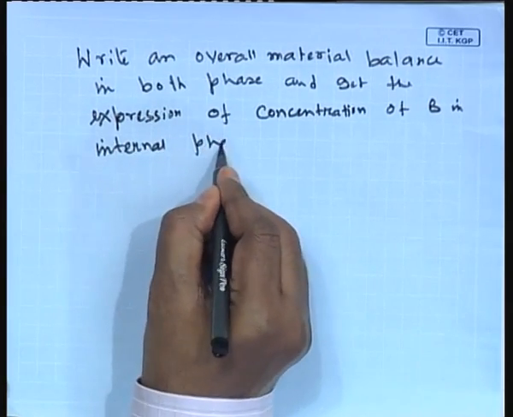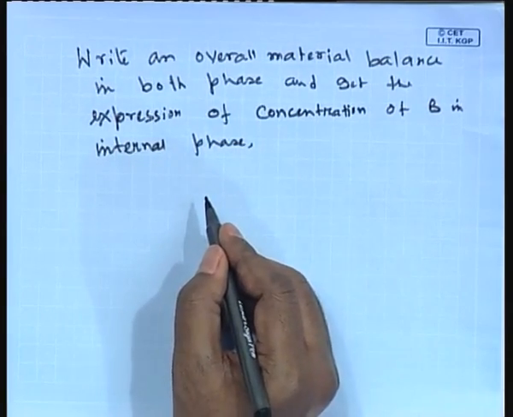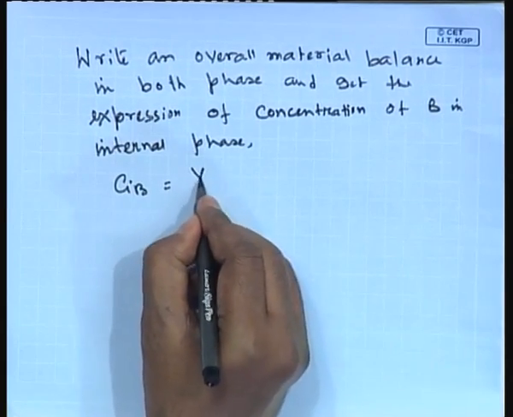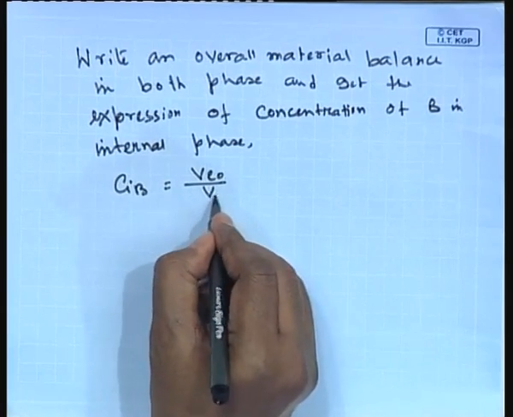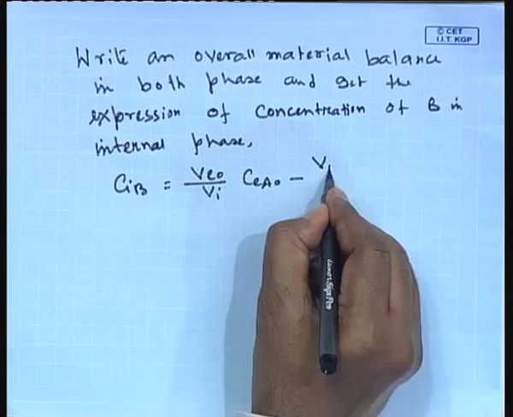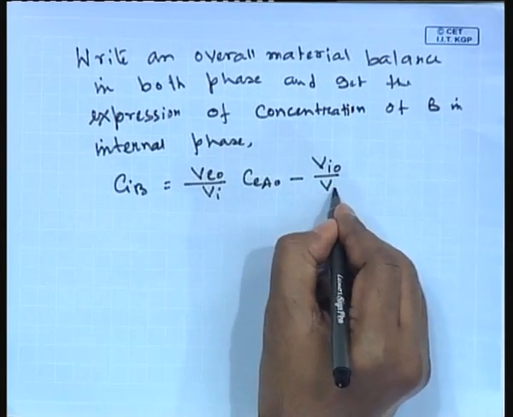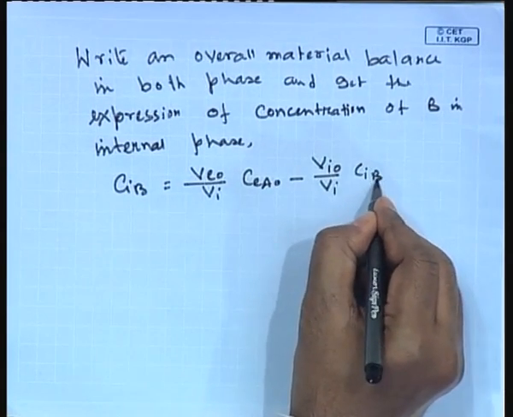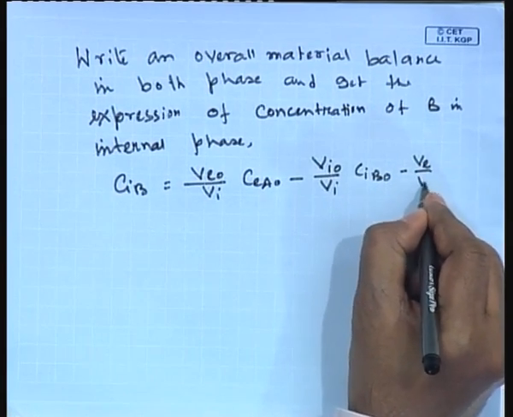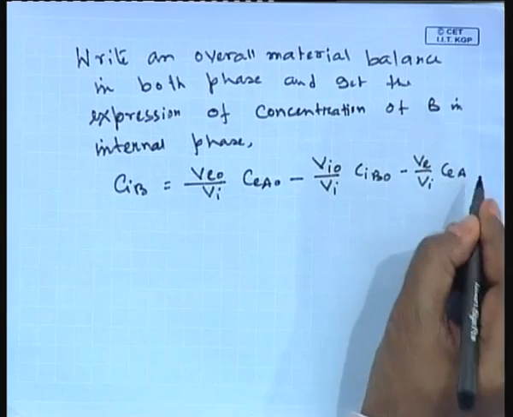That means you are looking for an expression of C I B. Okay. So, C I B becomes in this case V E naught divided by V I C E A naught minus V I naught divided by V I C I B naught minus V divided by V I C E A.